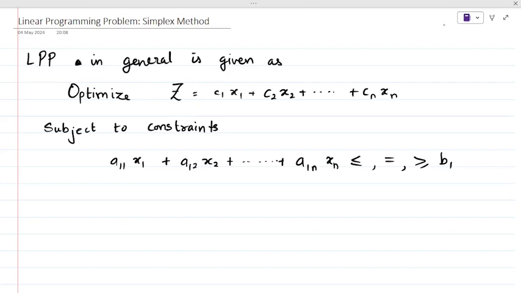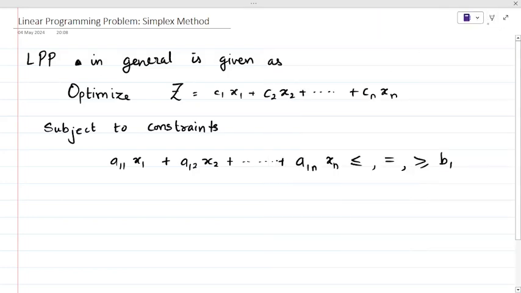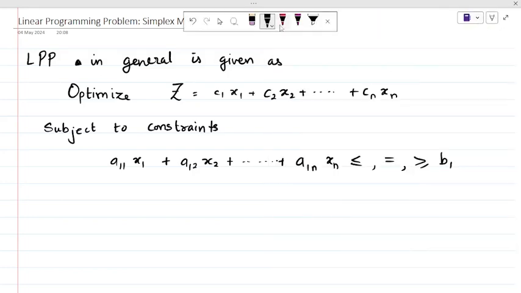Now this is the first condition. There can be anything given here, so I'll put it in some bracket over here. So that is one thing.